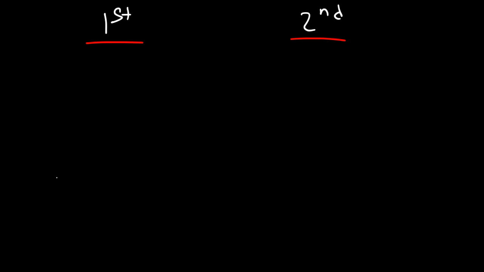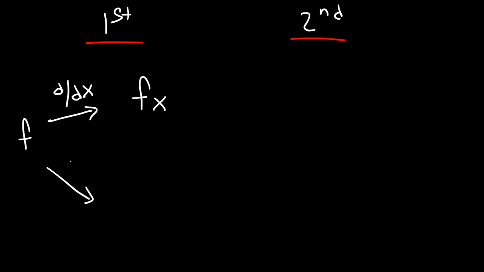So let's say we have our original function f. If we differentiate f with respect to x, we can get the first derivative with respect to x, which is known as fx. We could also differentiate f with respect to y, and we'll get the first partial derivative with respect to y, which is known as fy.